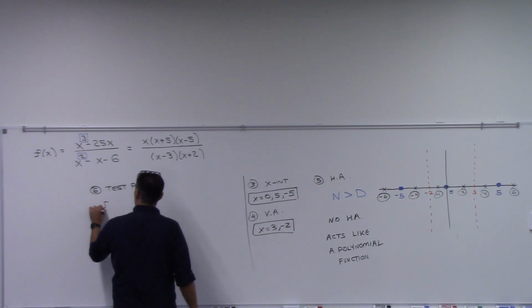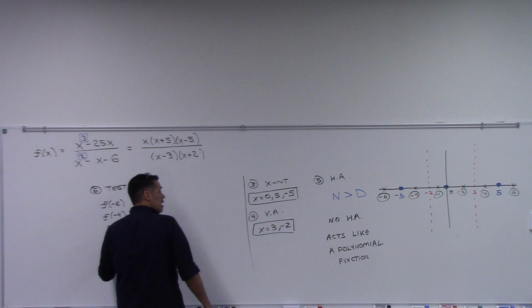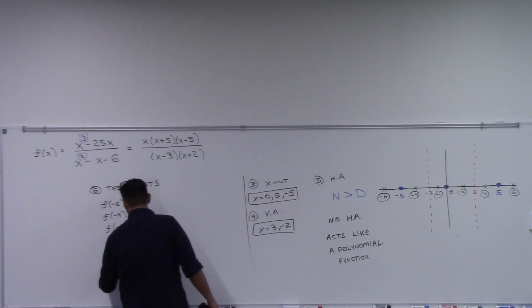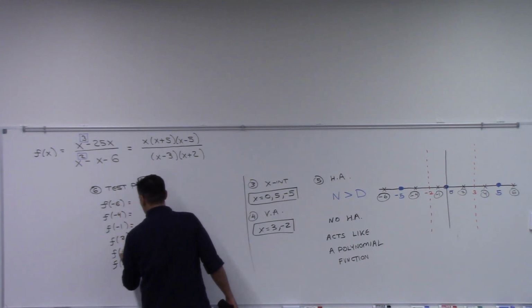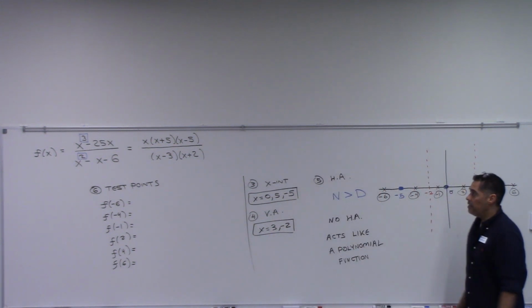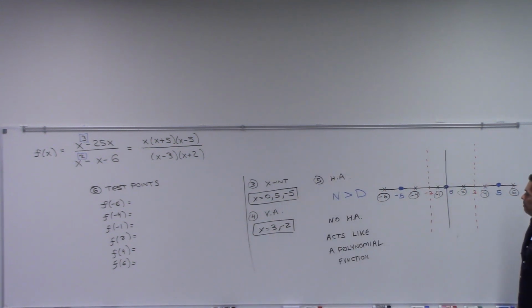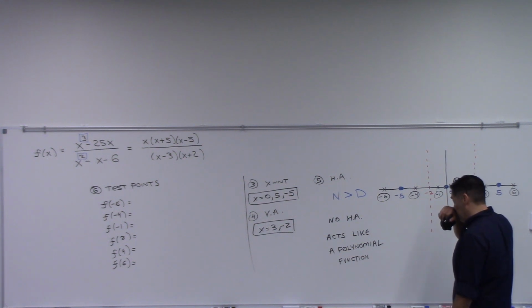So we need the function evaluated at -6, at -4, at -1, at 2, at 4, and at 6. You know what to do, right? At this point, just plug in. Plug and chug. All right, so I believe if we plug in negative, we should get negative.